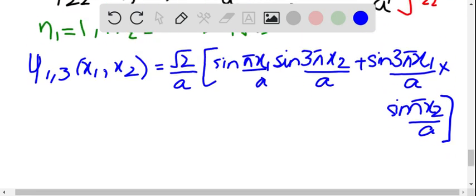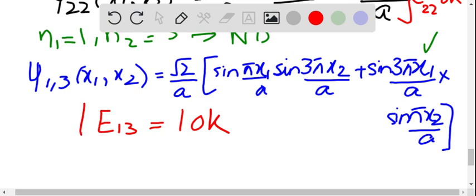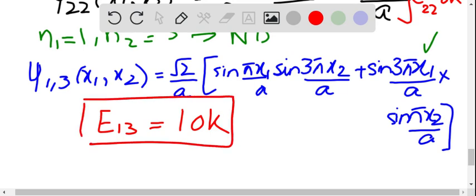Square bracket closes, and from this equation we would get that energy 1 3 is equal to 10k, right? So this was the solution for the identical bosons, right?